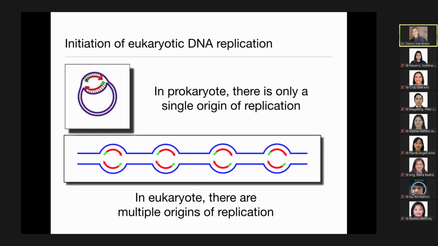In prokaryote, the DNA is double-stranded, closed circular, and small, and there is just one single origin of replication. In eukaryote, each chromosome is composed of large, long, double-stranded linear DNA. And there are, of course, multiple origins of replication that occur during the replication process.